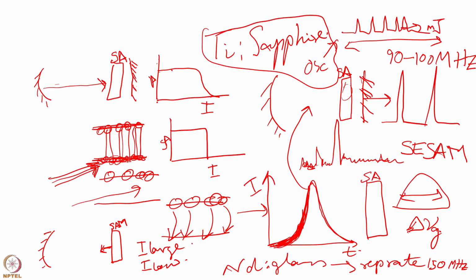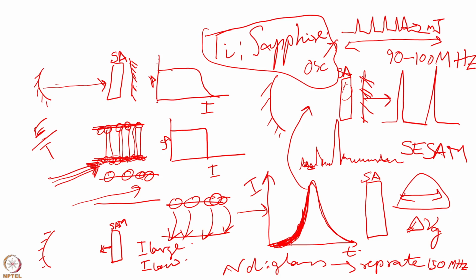So again, in this case also you get a train of pulses. So you can imagine the large intensities. Remember large peak powers, E by T. Your T has gone into the femtosecond range, and your energy you have at the millijoule or microjoule level, and so you get very high peak powers.